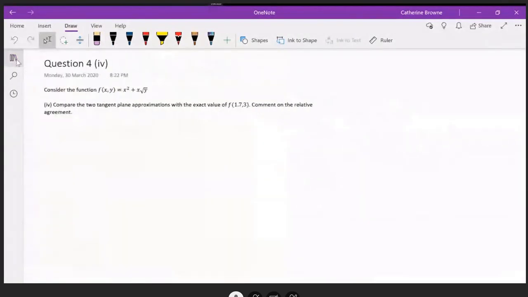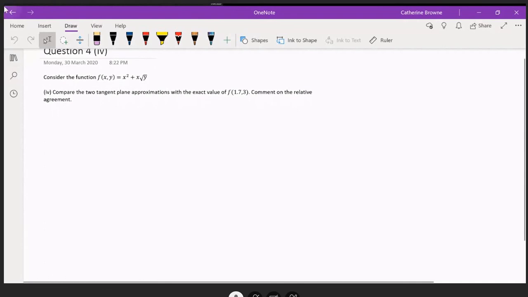But I could use a calculator, and so I can compare these approximations to the exact value, the value of the function at x equals 1.7 and y equals 3.